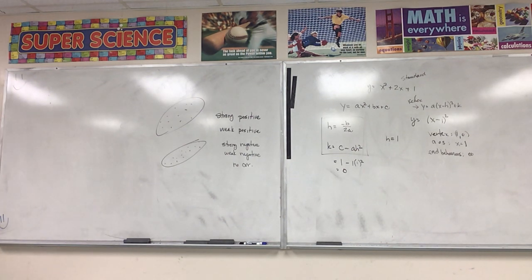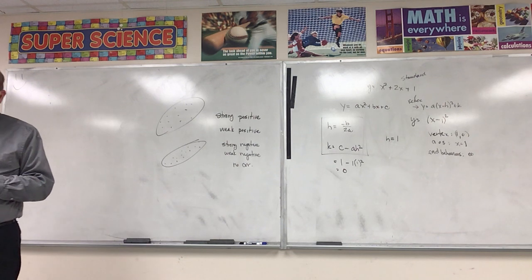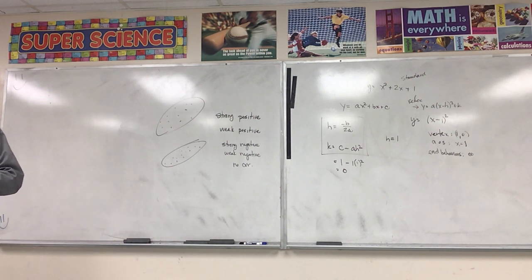So we're going to go to stat, and we should have our table. We're going to enter 10, 20, 30, 40, 50, 60, 70. And we're going to enter 68.5, 58.8, 49.3, 39.9, 30.9, 22.5, and 15.1.